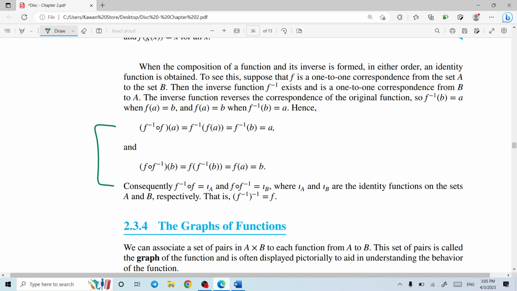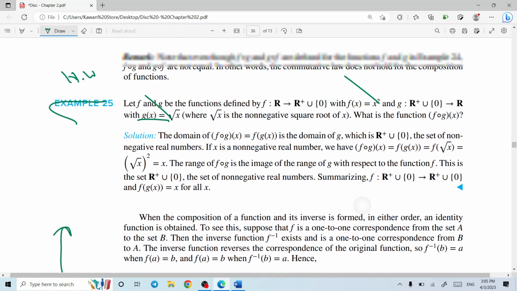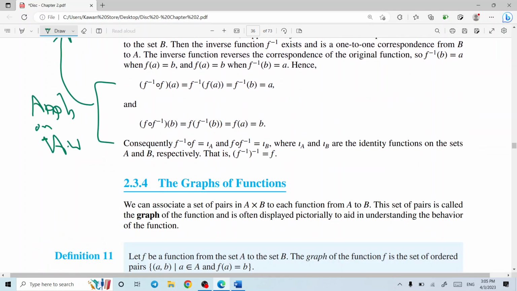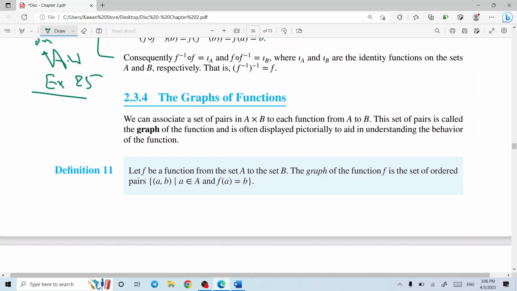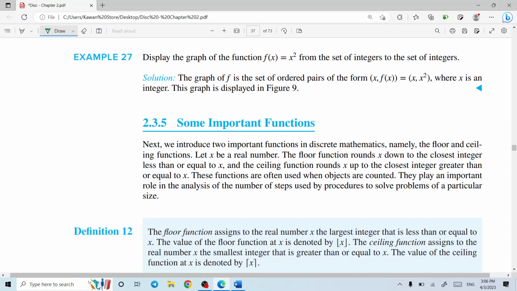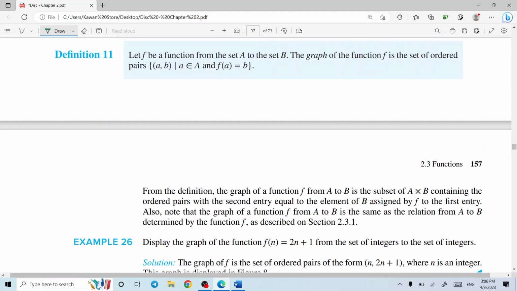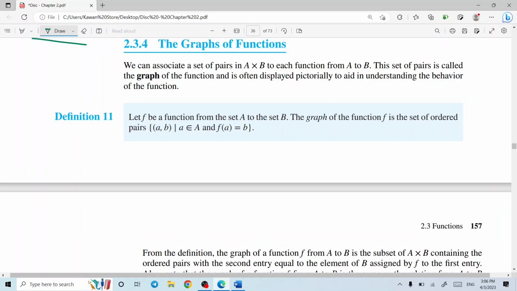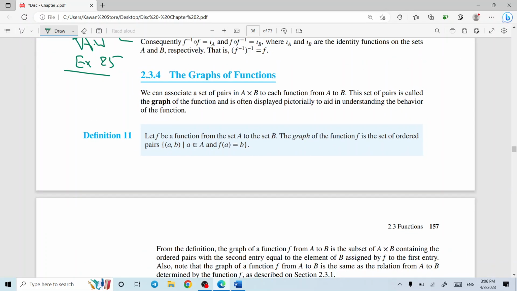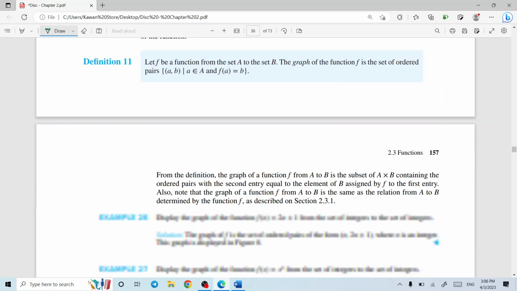So try to use this in your homework, example 25. Apply this one. We have x squared and you have the square root of x. Do it. Check if you get x or not. Question? Anything? Fine? Okay.